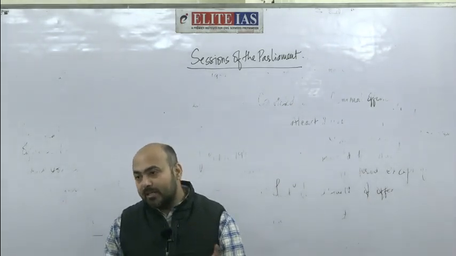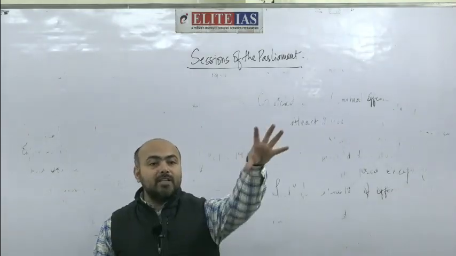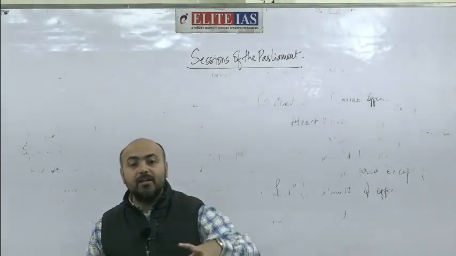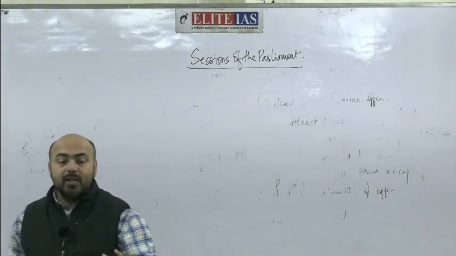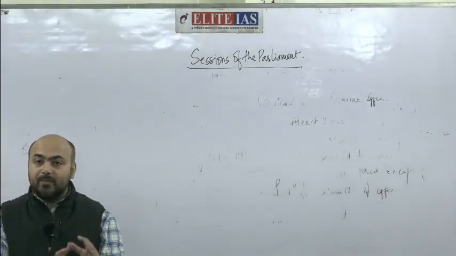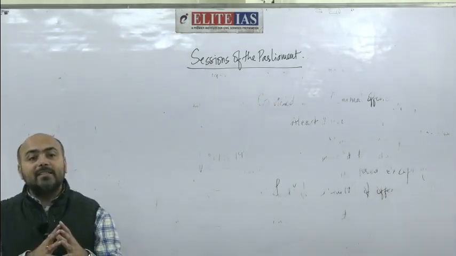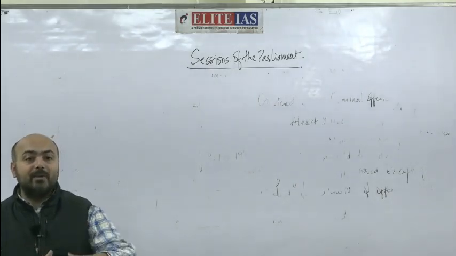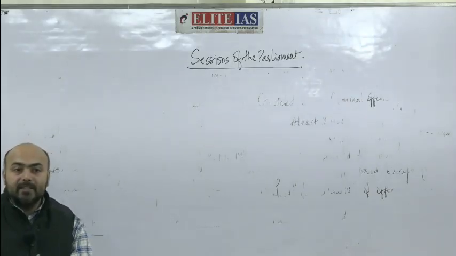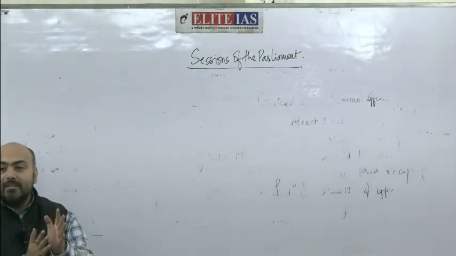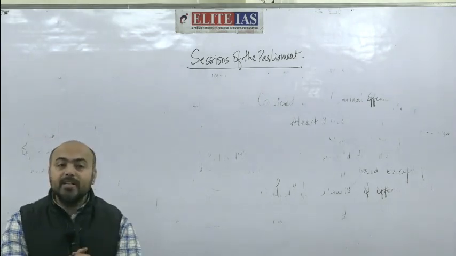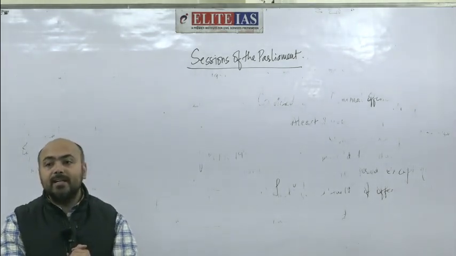There are two parts here. Why? Because after the first part, that means after the presentation of the budget and a general discussion on the budget is over, the provisions of the budget are sent to various parliamentary committees. There are departmental standing committees of the Parliament, and the budget is referred to them.